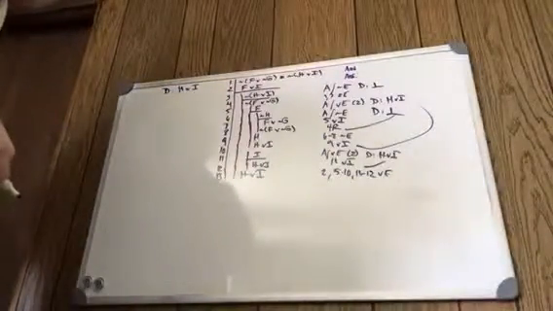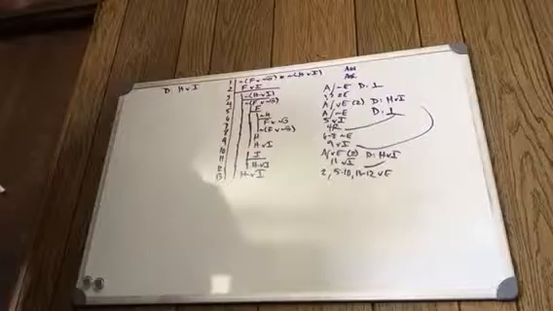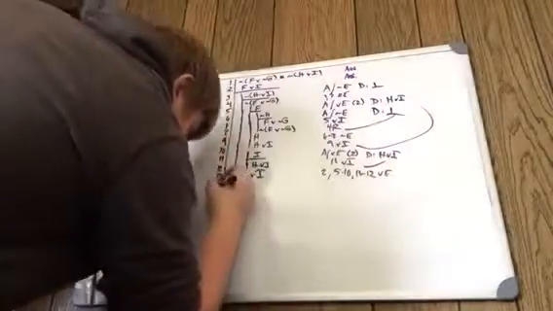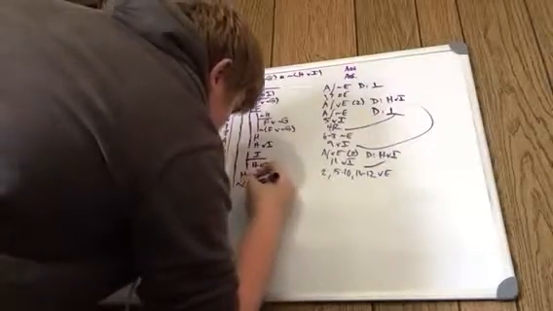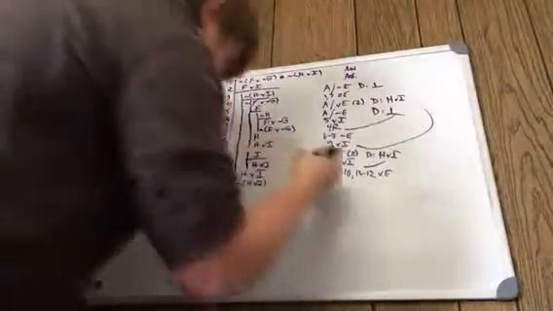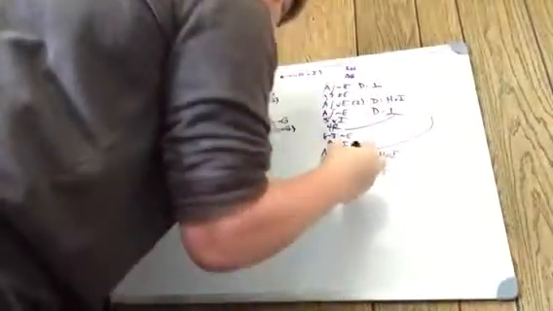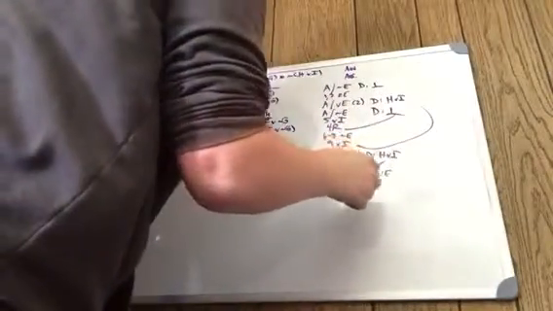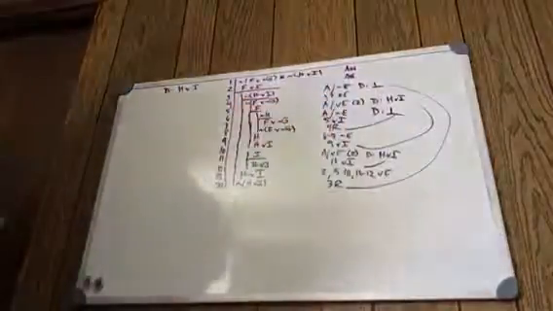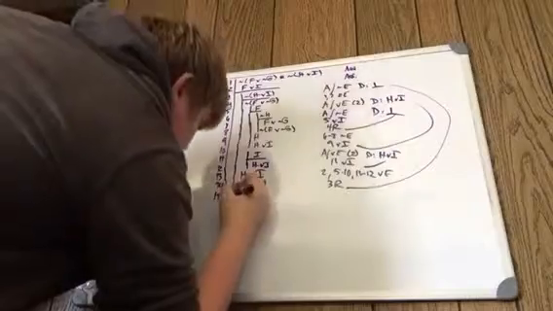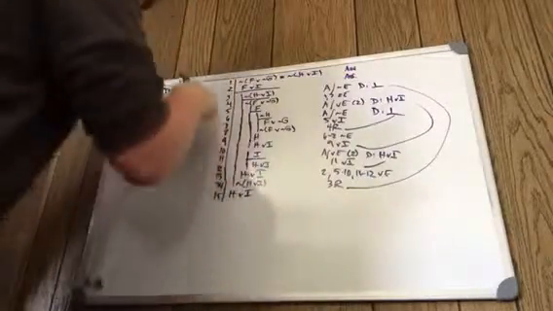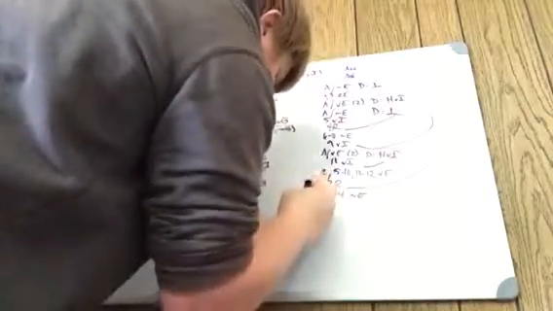And thus we have our contradiction because tilde H wedge I from reiteration on line 3, and thus we can exit out of here with H wedge I from lines 3 through 14, tilde elimination.